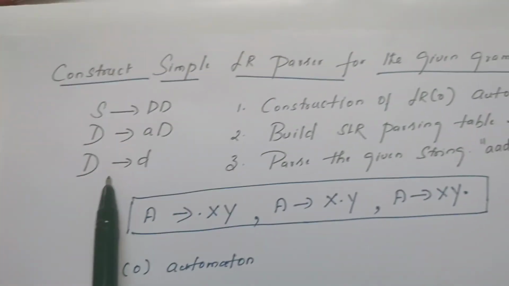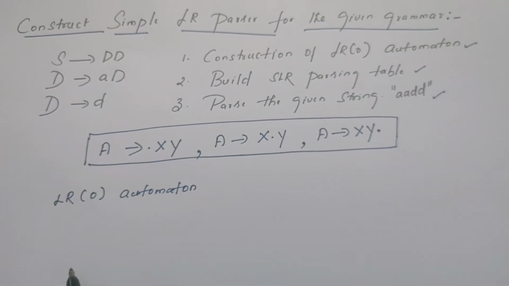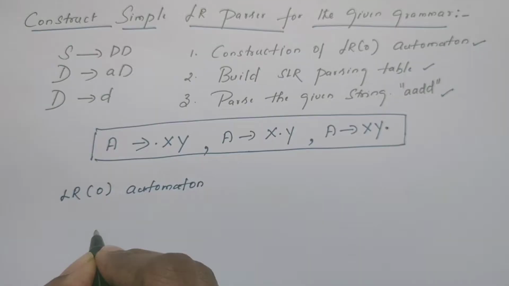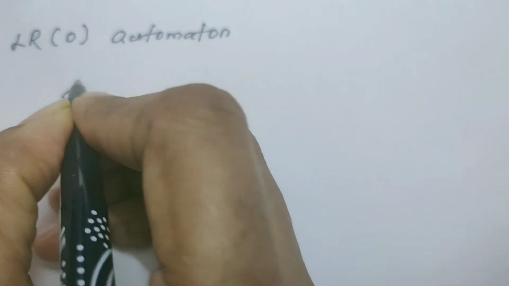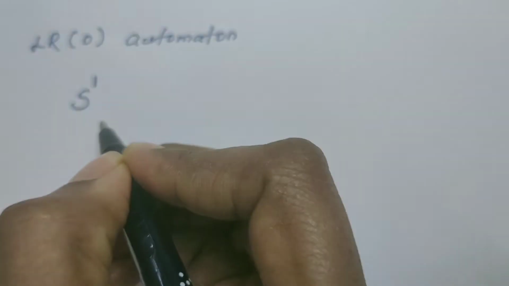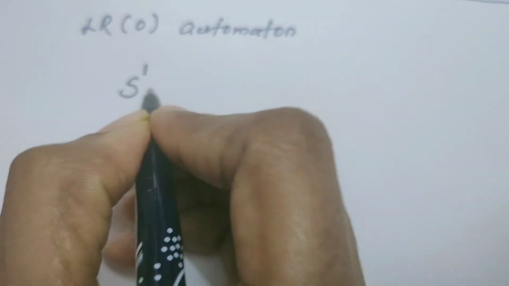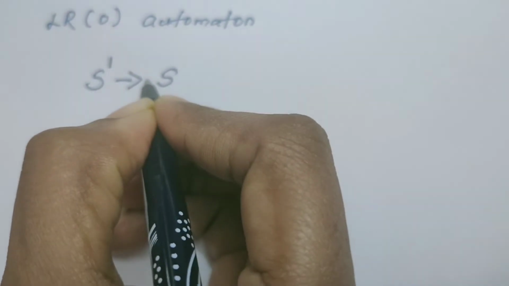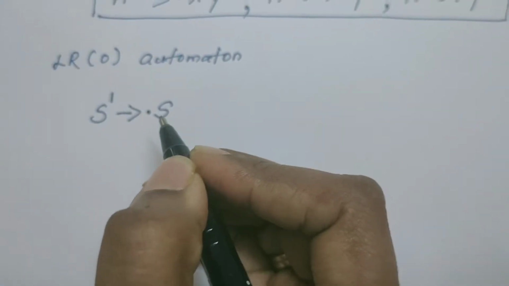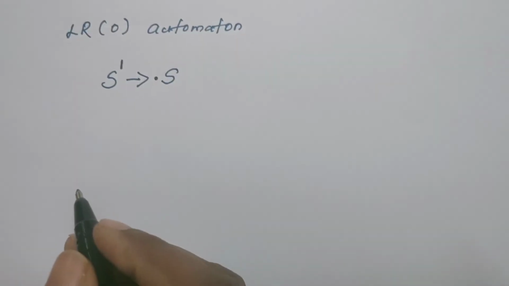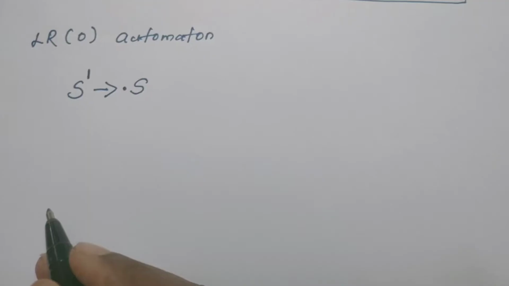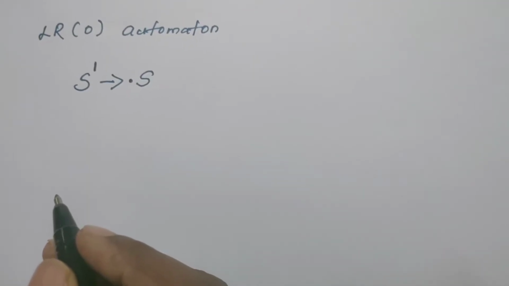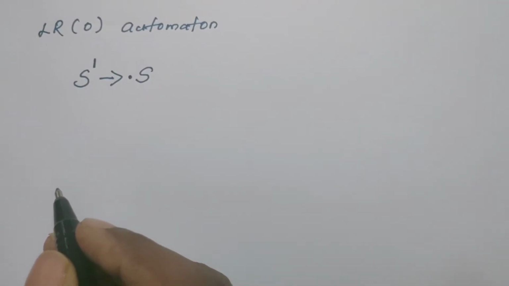Grammar is available here, so we have to know what is augmented grammar. Augmented grammar is nothing but including a new production rule. Let it begin with a variable S dash, and this S dash derives S. S is the current start symbol of the grammar, and I keep the dot at the leftmost end, indicating that none of the rules are parsed by the LR parser right now, right?